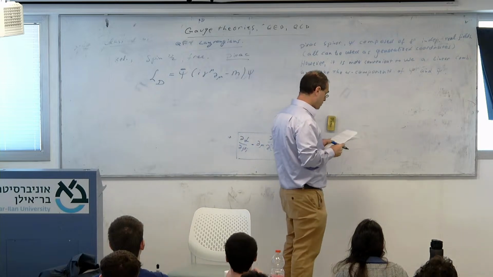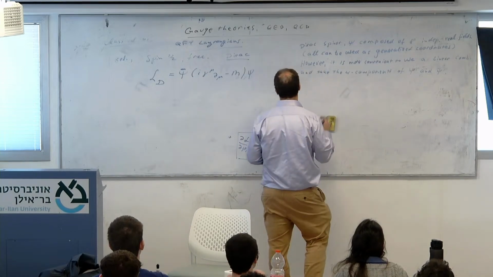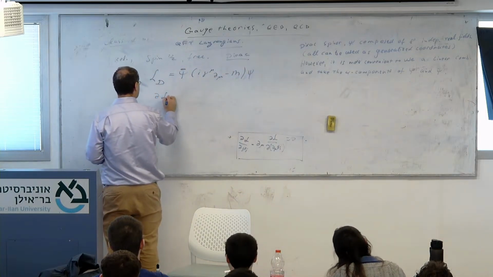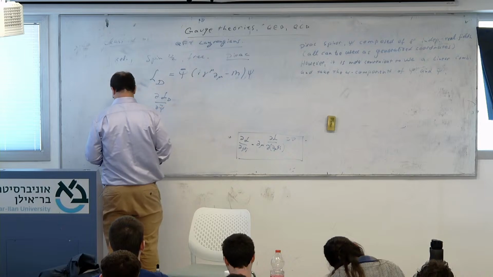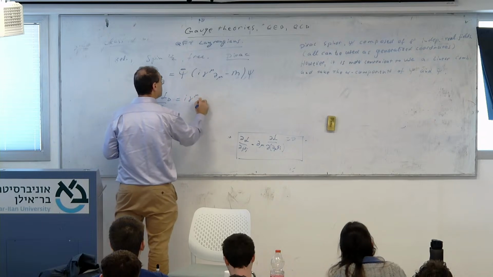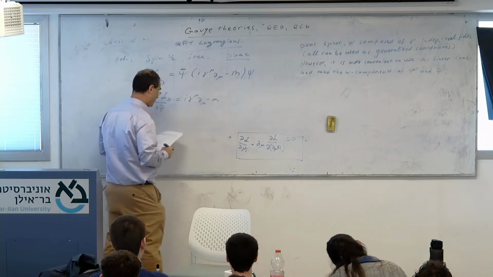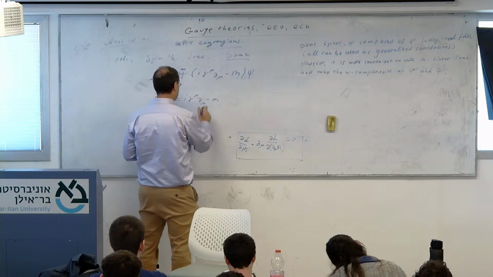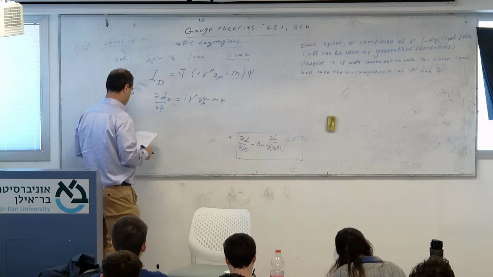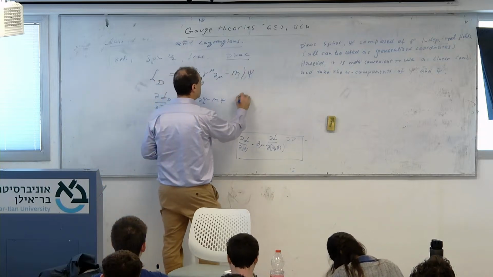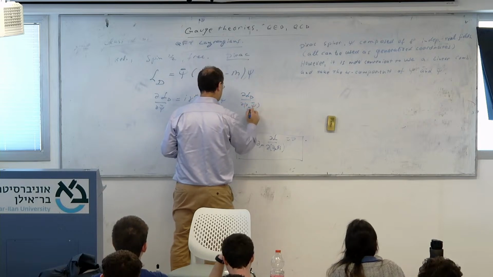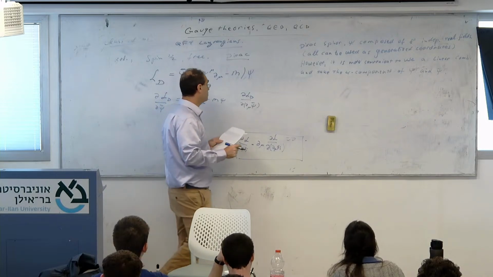Okay? So, let's see. If we take psi bar, what is dL Dirac over d psi bar? It's i gamma mu d mu psi minus m psi, right? And dL Dirac over d mu psi bar is zero. Zero, right?